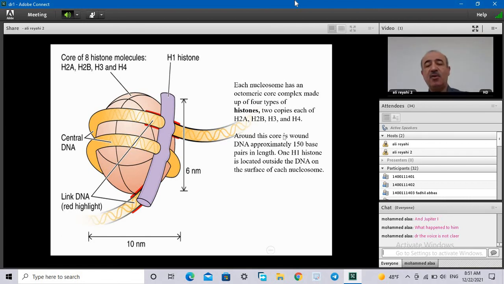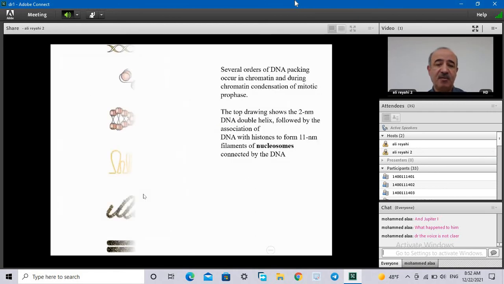Around this core is wound DNA approximately 115 base pairs in length. One H1 histone protein is located outside the DNA on the surface of each nucleosome that completes the structure of the nucleosome.